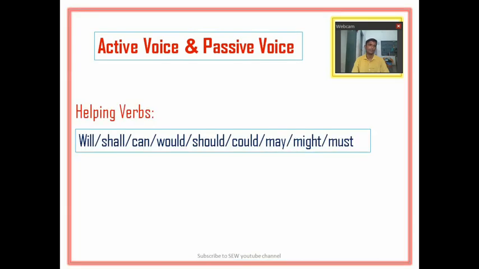Next, another rule. If the helping verbs are will, shall, can, would, should, could, may, might, must, then be should be added.